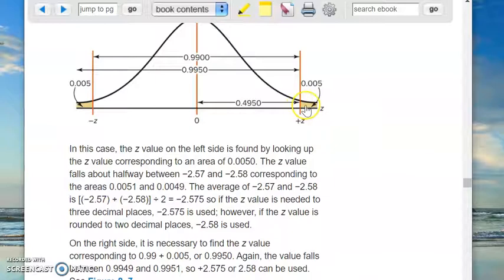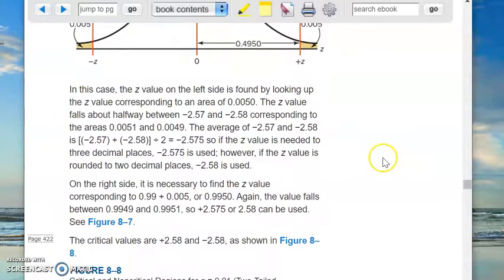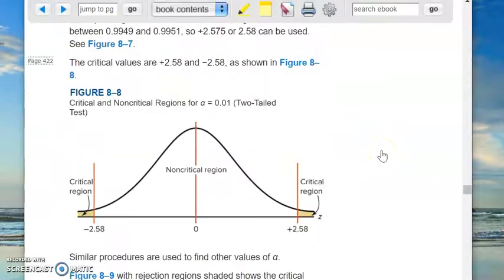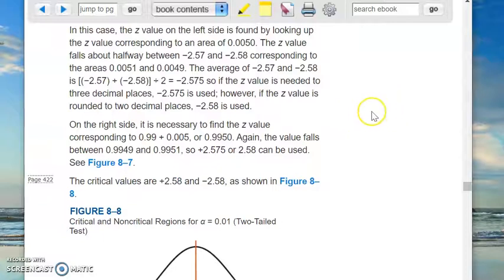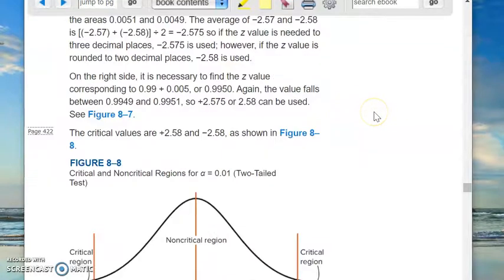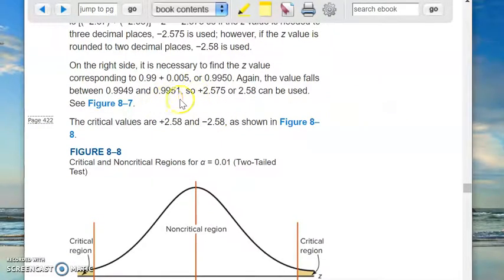Only half of 1% is over here. So how do I find that? I go to my table and I find it. He's basically telling you right where it is, but look it up yourself. You've got to look this stuff up yourself to learn how to do it. Okay, so it tells you how to do it right in there. And this one actually falls between two different values, so you can use either one of these.